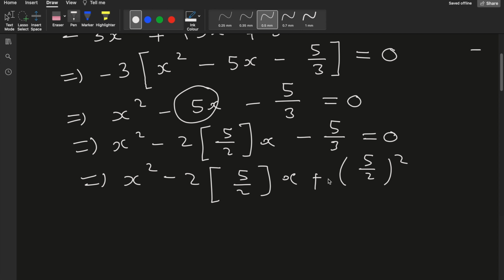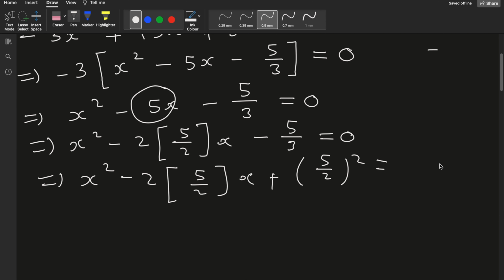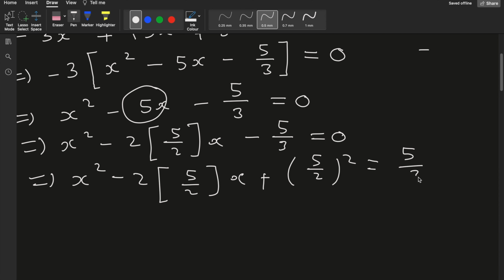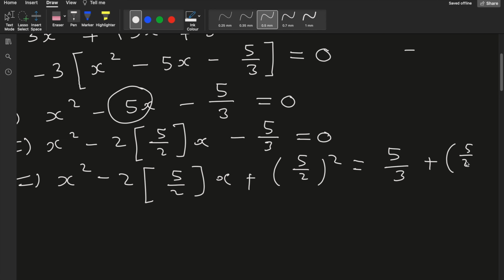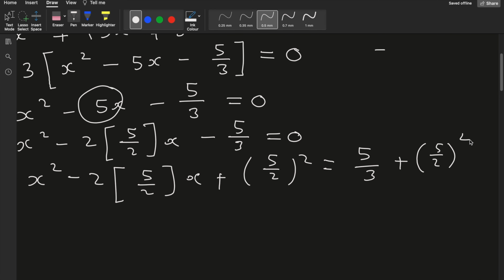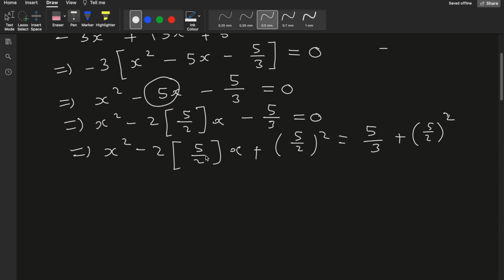And we'll first transpose this to this side. Simply 5 divided by 3 plus (5 divided by 2) whole squared. Okay, the right side of the equation, we can simplify this to 5 divided by 3 plus 25 divided by 4.